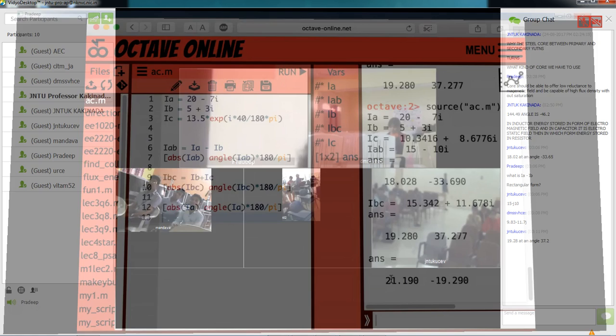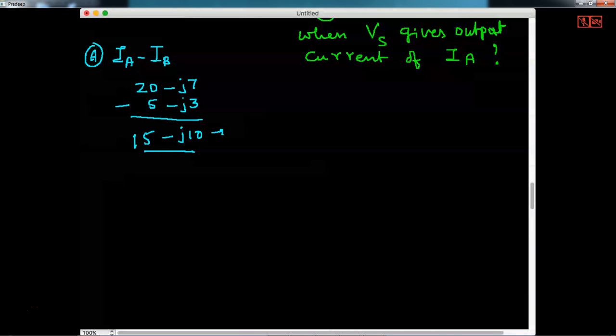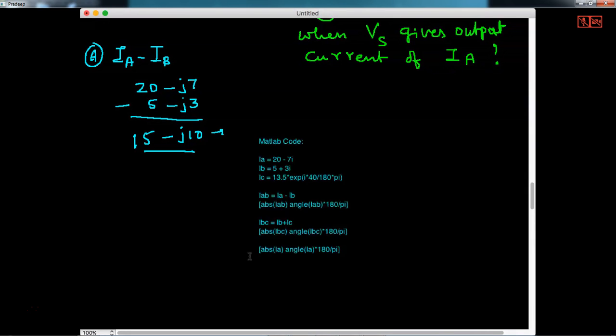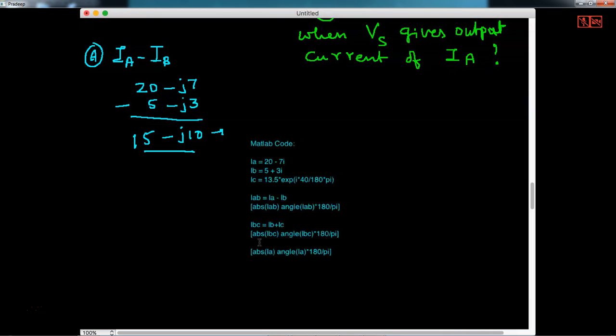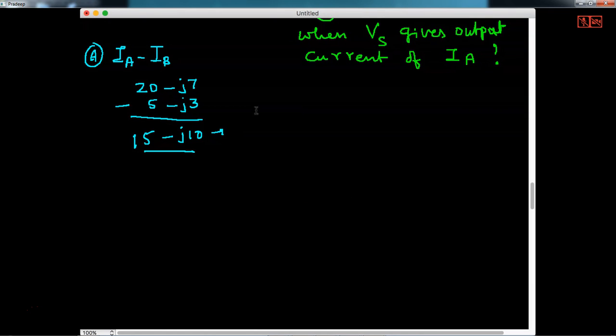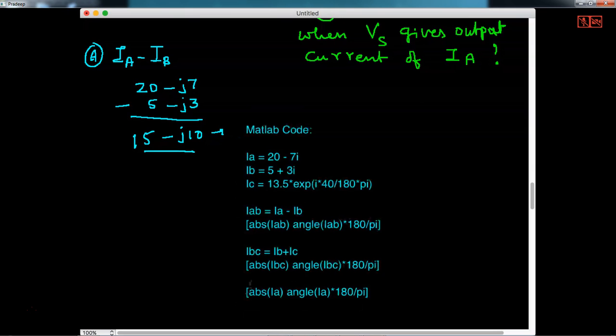I'm going back to my main thing. So this is my MATLAB code. And what is the result I'm getting?